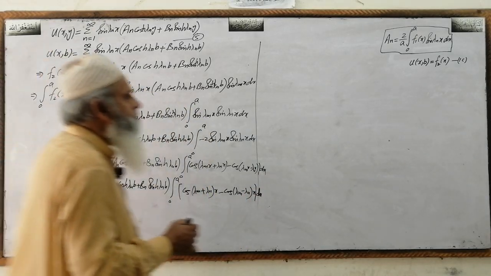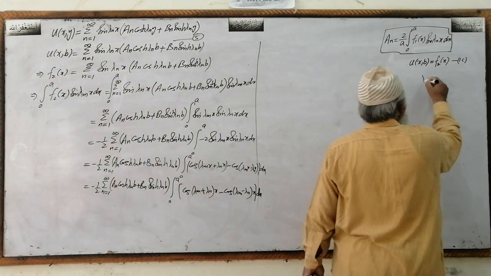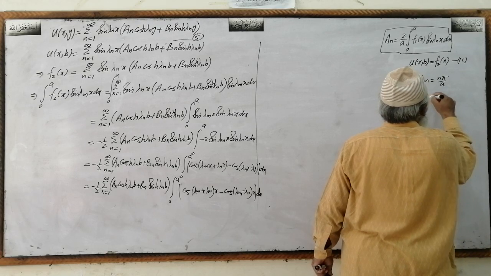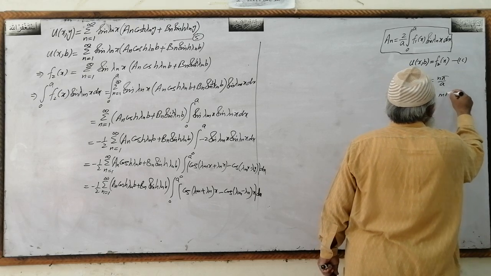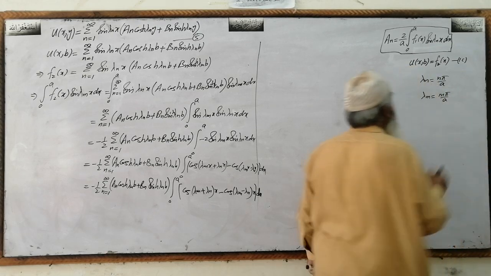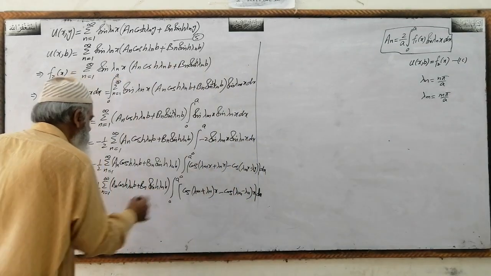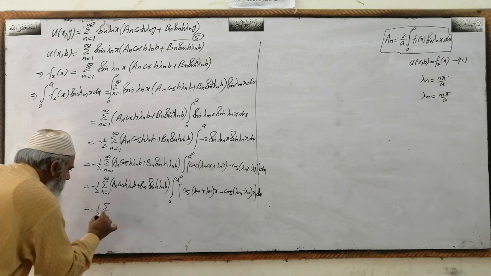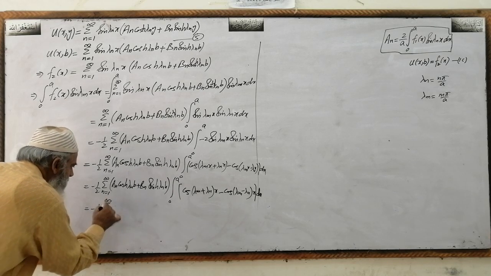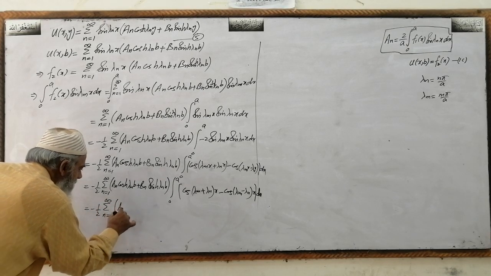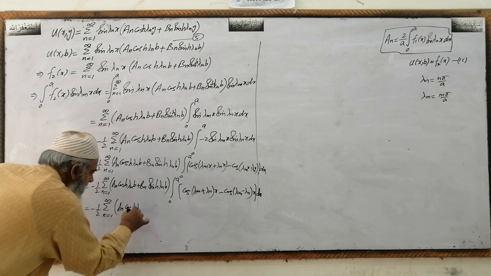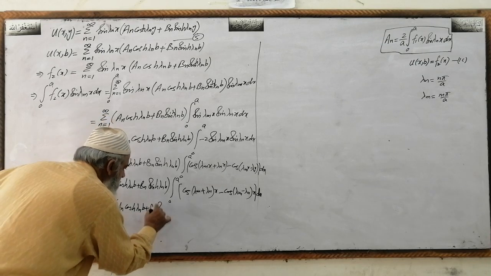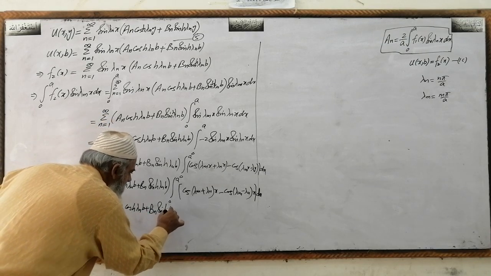And as you know, lambda n was equal to n pi over a, so lambda m will be equal to m pi over a. Now putting these values in this expression, we will have minus 1 by 2 sigma n varies from 1 to infinity, a n cos hyperbolic lambda n b plus b n sin hyperbolic lambda n b.